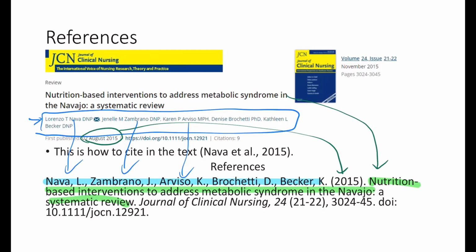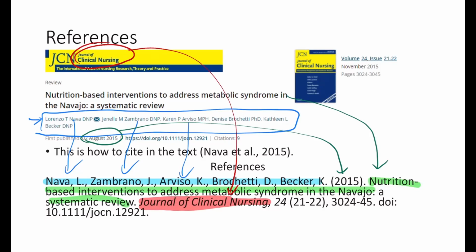We don't want to just put the title because sometimes there can be titles that are the same, but they were published in different journals. So our next thing that we're going to list is going to be the journal. What journal did we get this out of? This particular one came from the Journal of Clinical Nursing. So we're going to write the Journal of Clinical Nursing right down there.